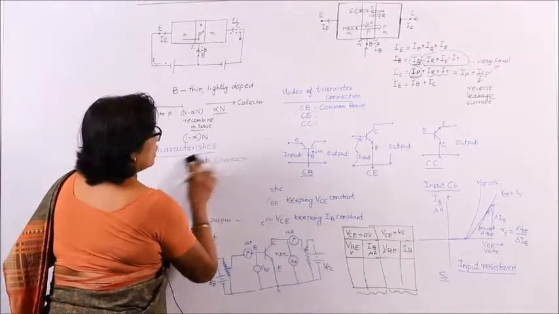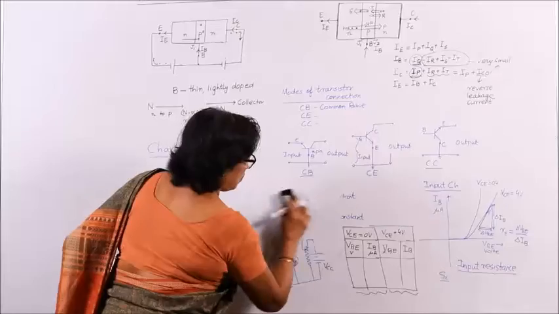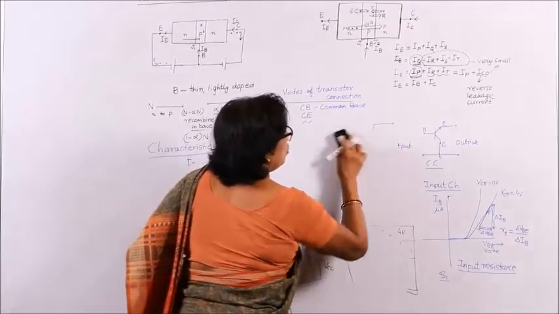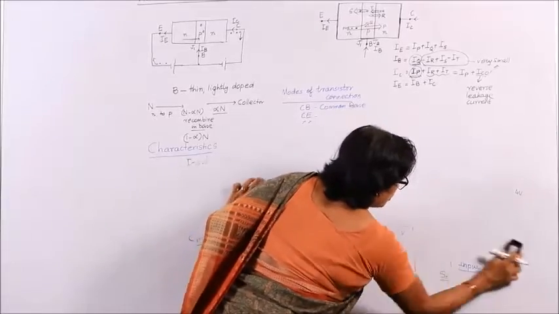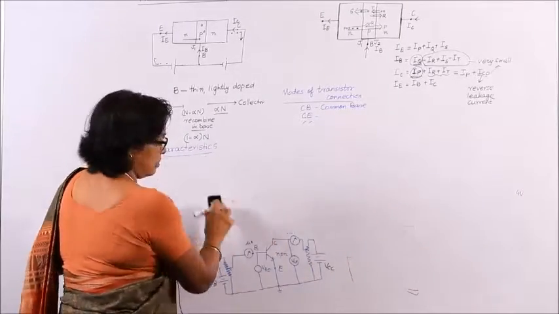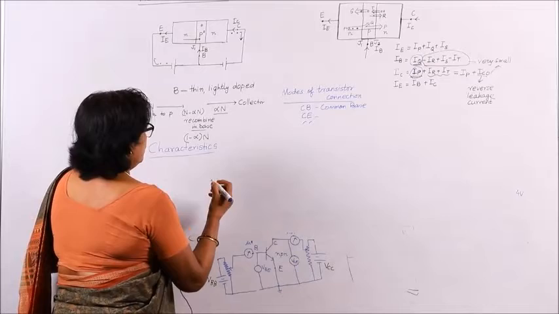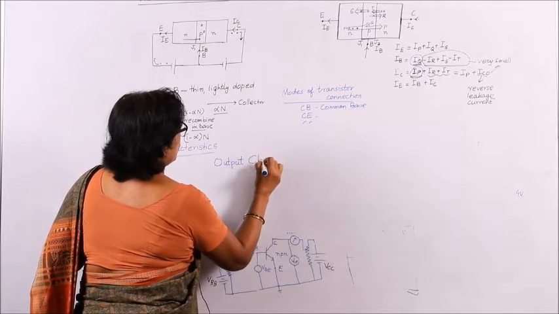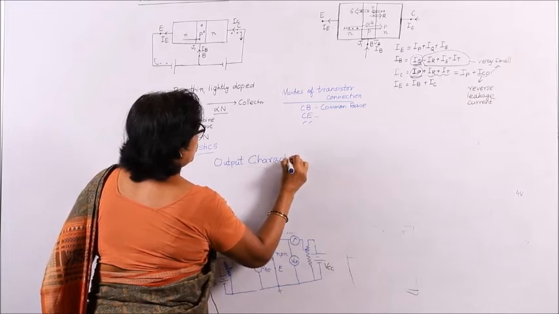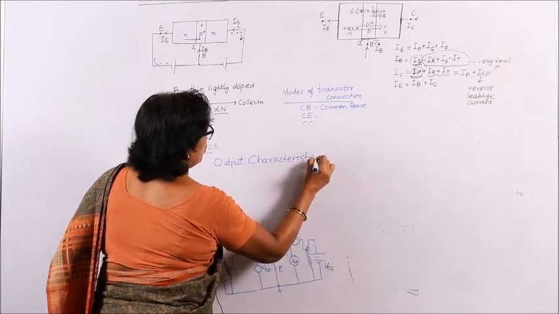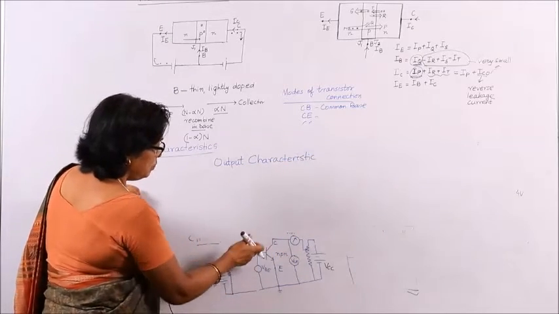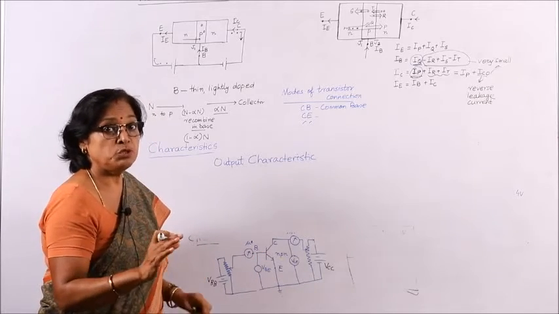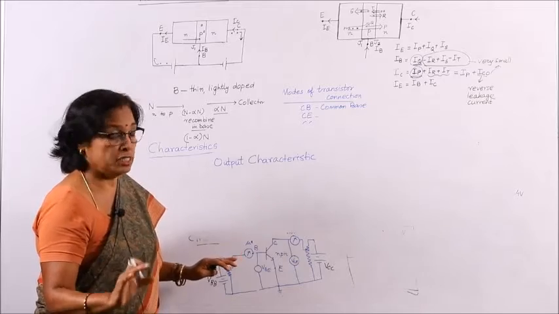Let us go to the output characteristic. Same circuit, you will use the same circuit for a common emitter. Output characteristic is a graph between, now it will be easier for you to understand. Base and emitter were in the input circuit, so the graph was between base current and base emitter voltage.